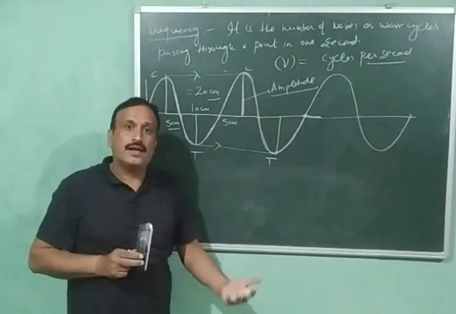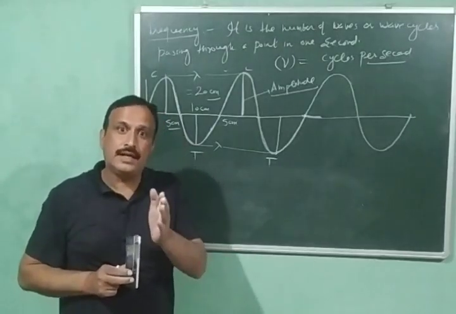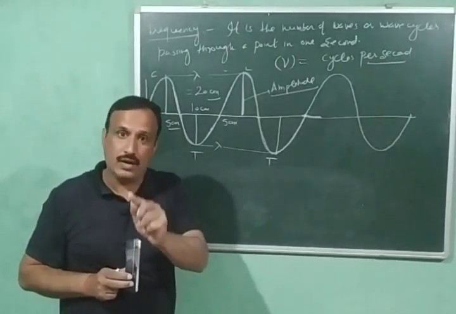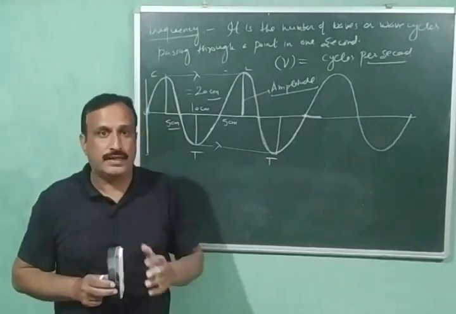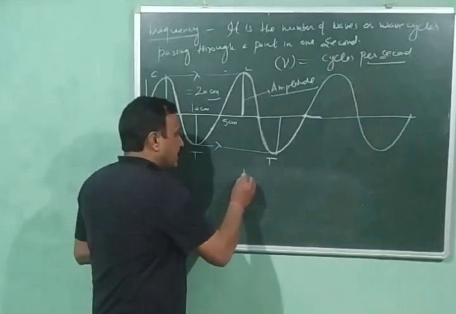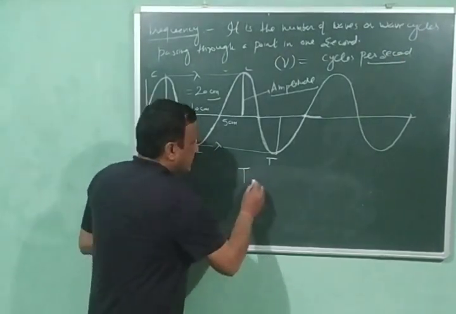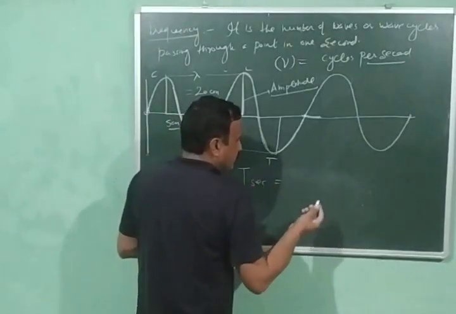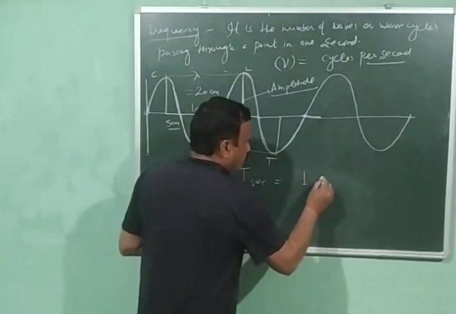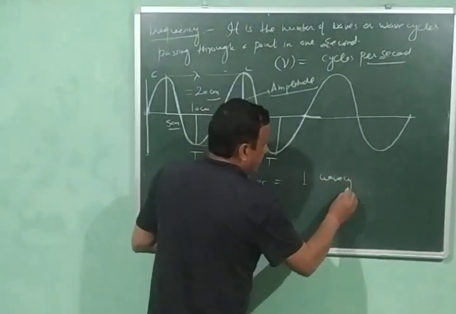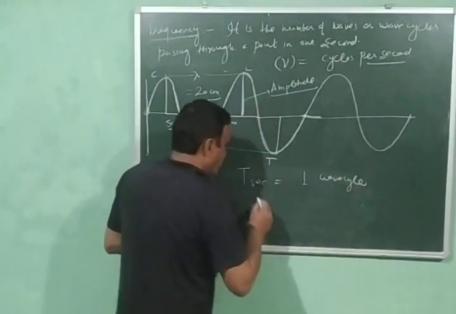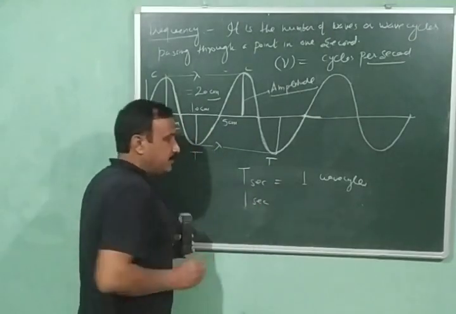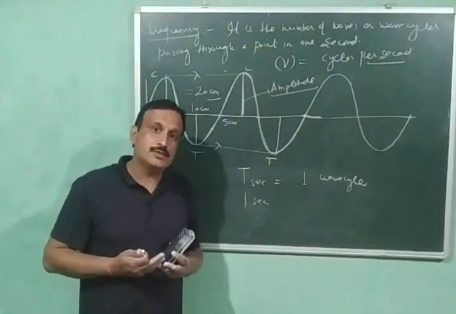Okay? And we can also define frequency in terms of time period. As I said, time period is the time taken by the wave to complete one cycle. So if time period is t seconds, then in t seconds how many wave cycles will be completed? One wave cycle will be completed in t seconds. Then in 1 second how many wave cycles will be completed?